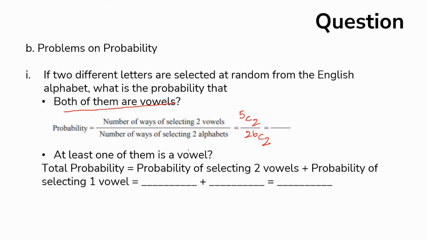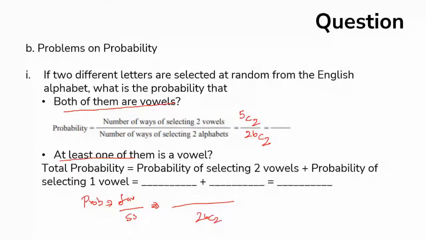Moving on to the next question: at least one of them being a vowel. The probability is once again favorable events out of the sample space, and the sample space is 26C2, as we have seen already: any two alphabets from all these alphabets, where at least one of them is a vowel.